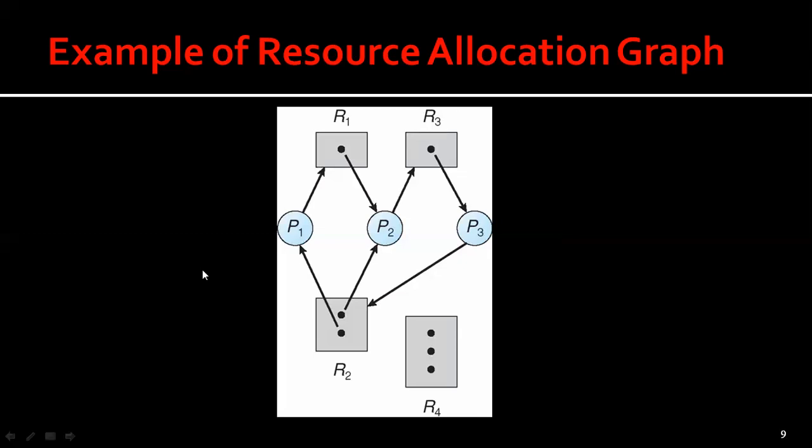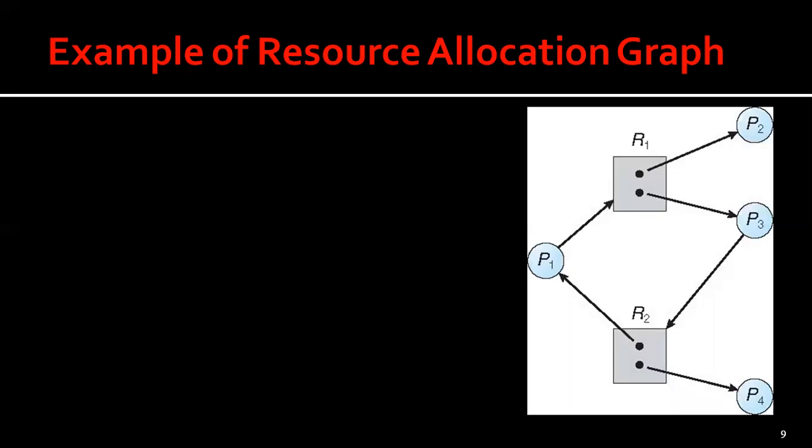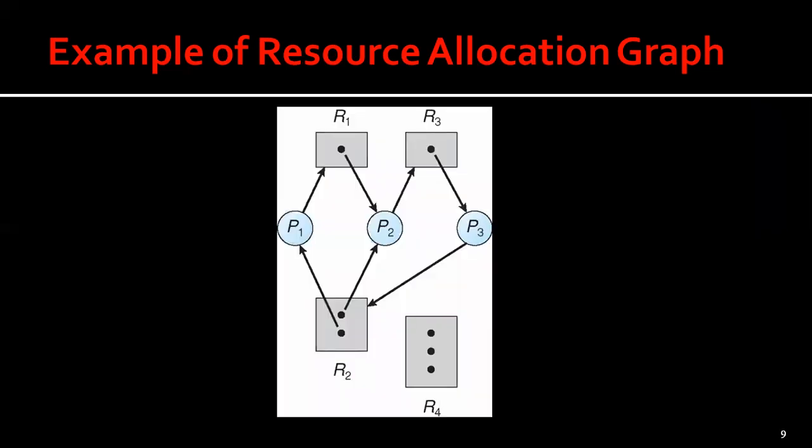Here the processes P1, P2, P3 are deadlocked because process P2 is waiting for the resource R3, which is being held by the process P3, and process P3, on the other hand, is waiting for the process P2 to release the resource R1. This situation is what we call a deadlock situation.